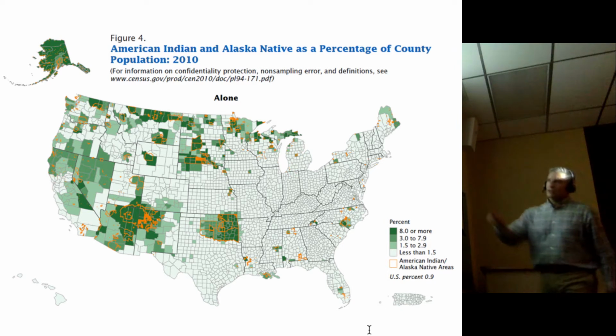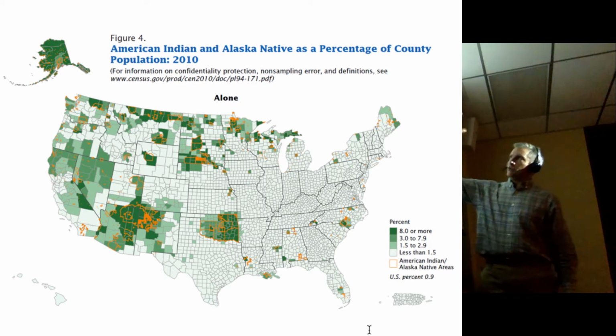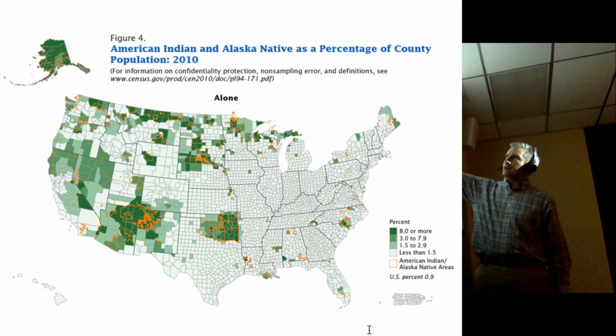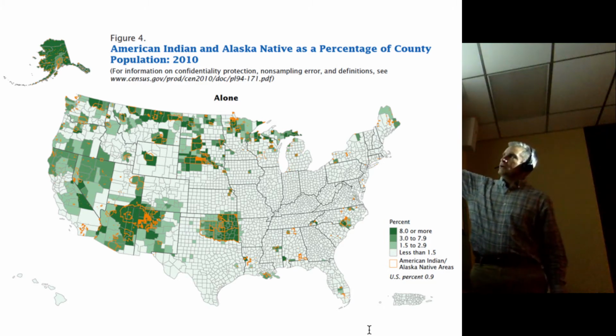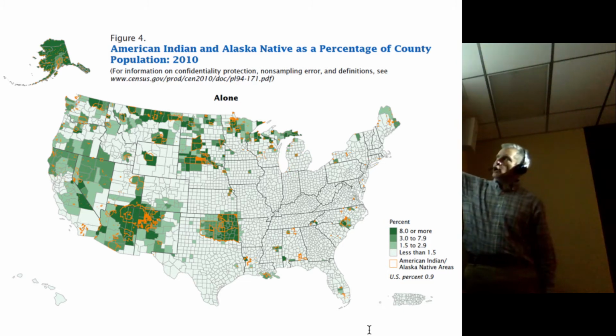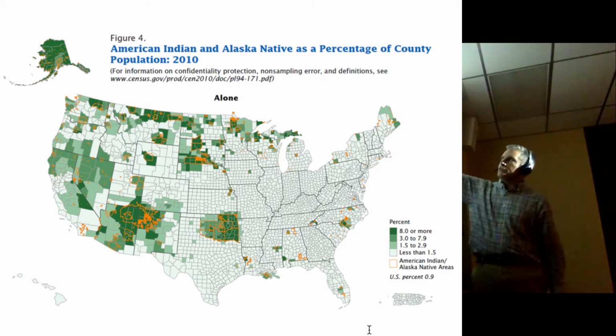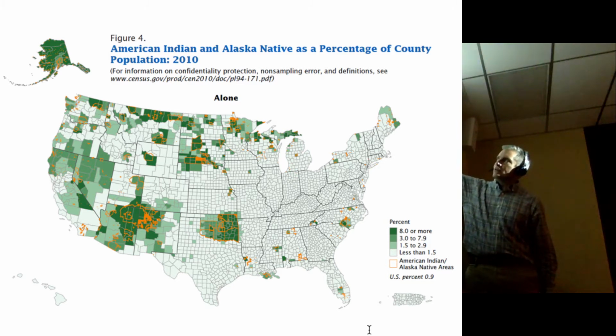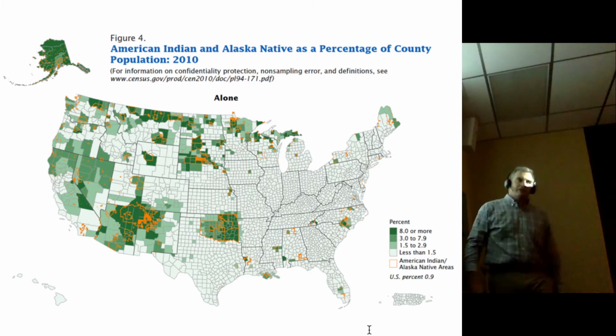By the way, those brown squiggly lines, which we're calling reservations or tribal jurisdictional areas or statistical areas, there's a pretty fascinating political geography when we get into this. This is the Navajo Nation, right? Navajo Indian Reservation. What is this? Another nation.